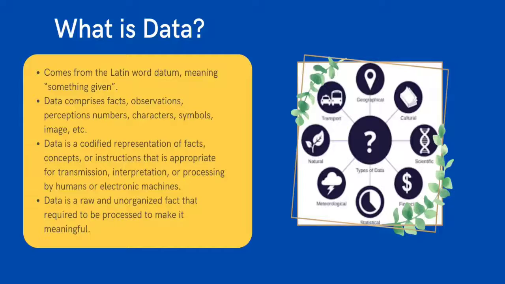Data is a codified representation of facts, concepts, or instructions that is appropriate for transmission, interpretation, or processing by humans or electronic machines. Data is a raw and unorganized fact that is required to be processed to make it meaningful. Data can also be a qualitative or quantitative variable, which helps us to develop ideas and conclusions.